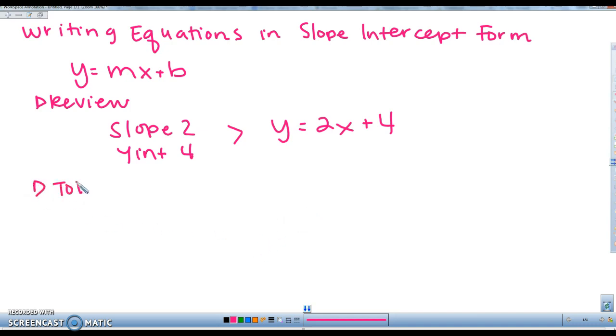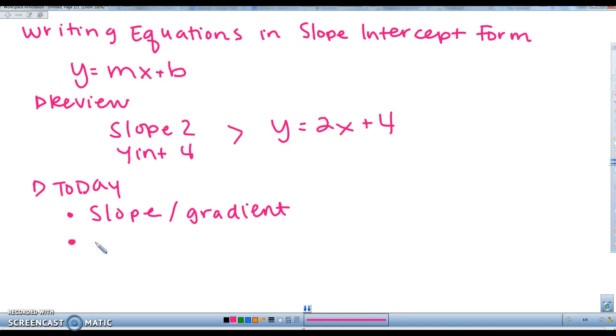Today, we're going to take it a step further. And we're going to say, maybe I have the slope, which sometimes is called the gradient. I know on Mathletics, it'll be called the gradient. So that's not to be confused, but it's the same thing.